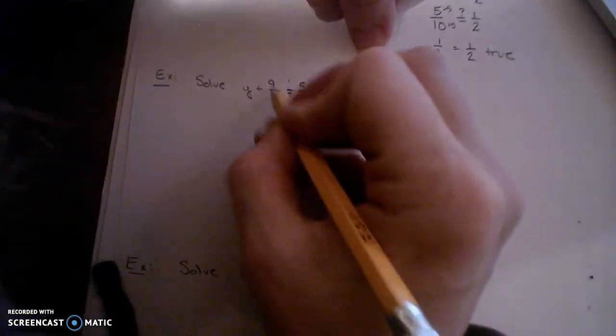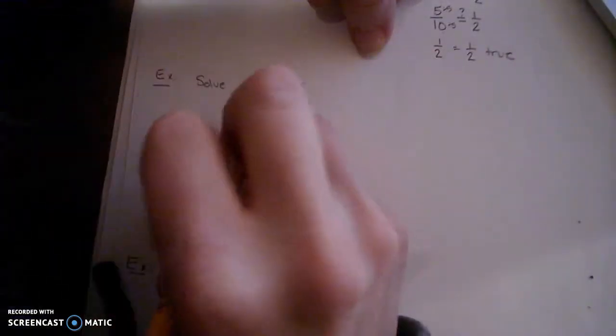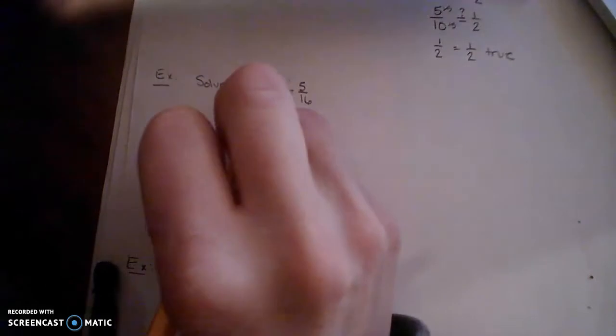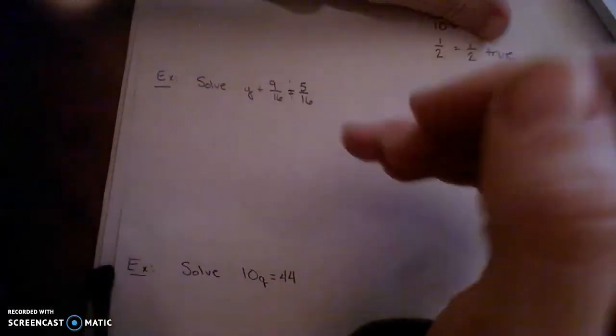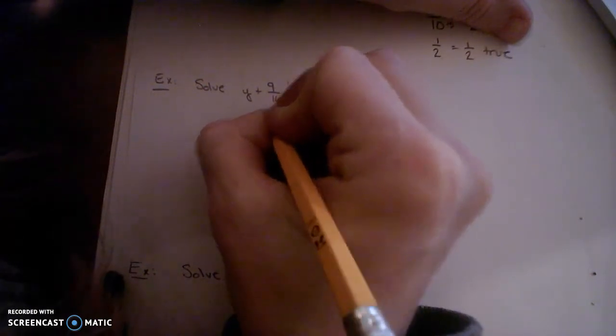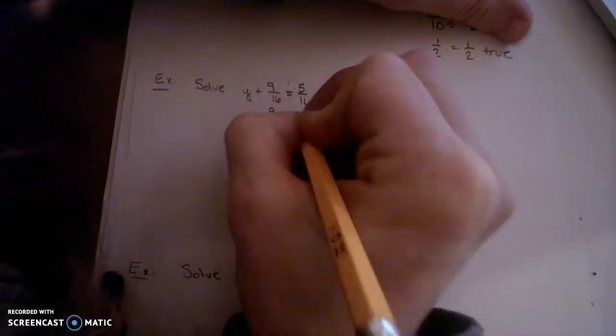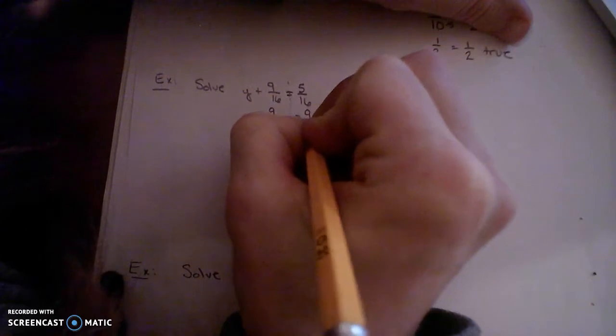So y plus 9/16 equals 5/16. The operation here is addition, so I'm going to undo the addition to get y by itself. So I will subtract 9/16 from both sides of this equation.